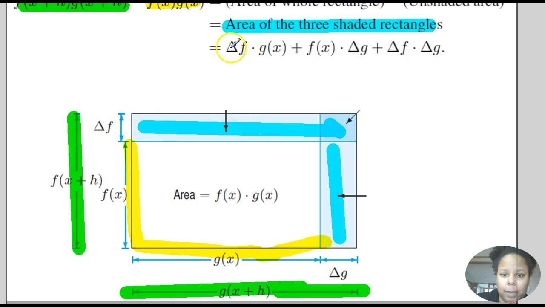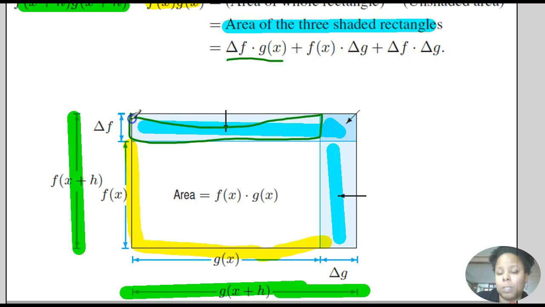Let's start with the delta f by g of x rectangle, which is this one. You know I can't draw. And then the next one is the f of x by delta g rectangle, which is this one. Here's my f of x, and here's my delta g.